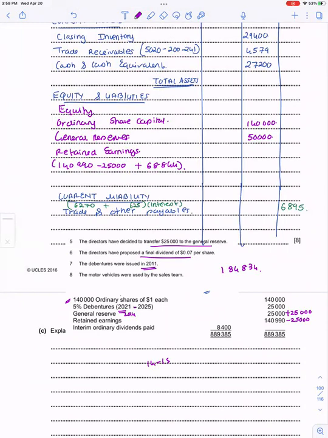What is dividend? 1,40,000 into 0.07. Dividend is 9,800. 184,834 minus 9,800.